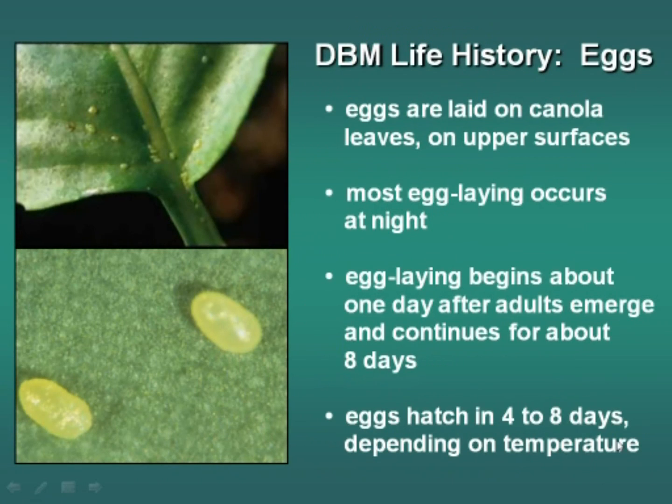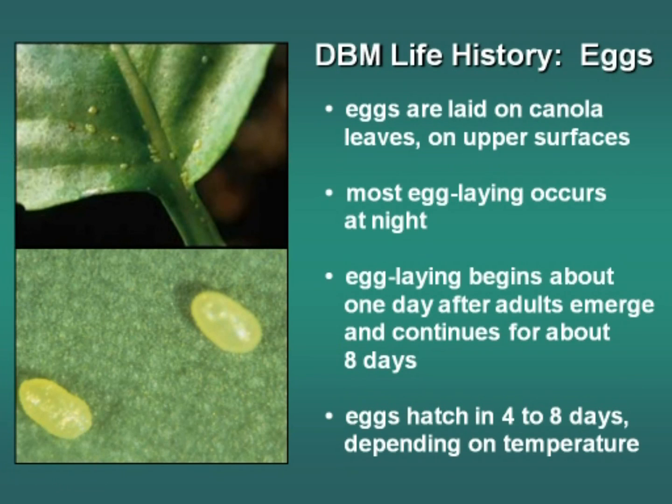Okay, life history. Diamondback moth eggs are laid on canola leaves, on the upper leaf surfaces. Rarely are they laid on the stems. Sometimes they're laid on the lower stems right near the soil surface, but most commonly right on the upper part of the leaf. The eggs are small, yellowish green in color, and oval in shape.